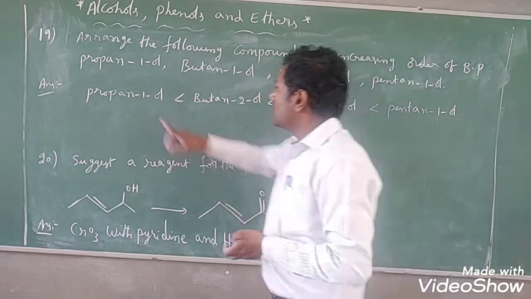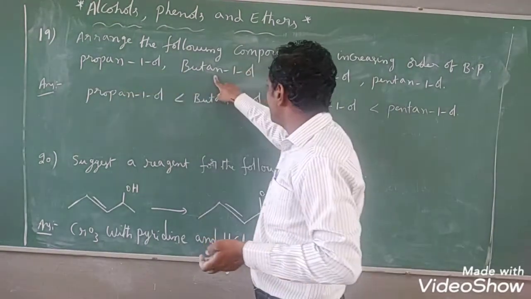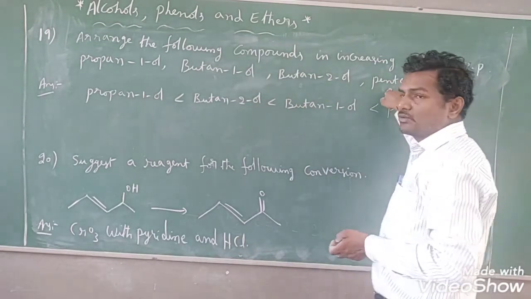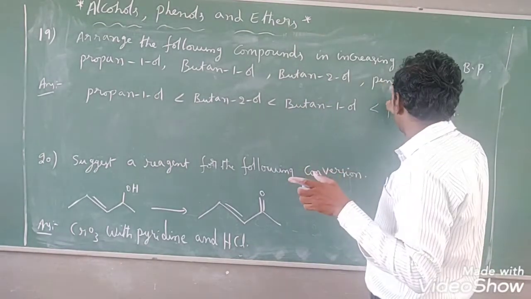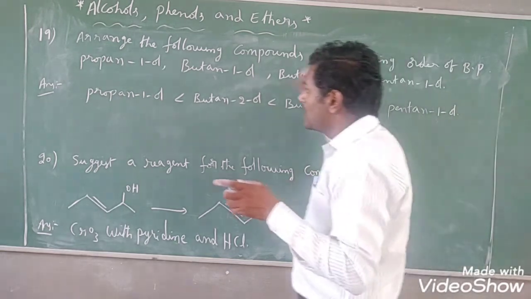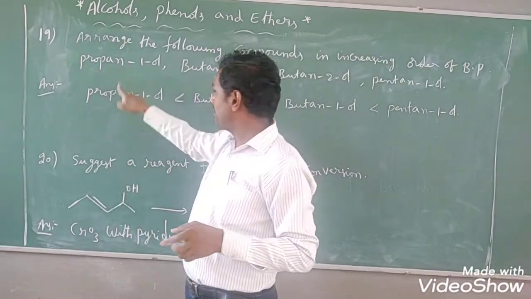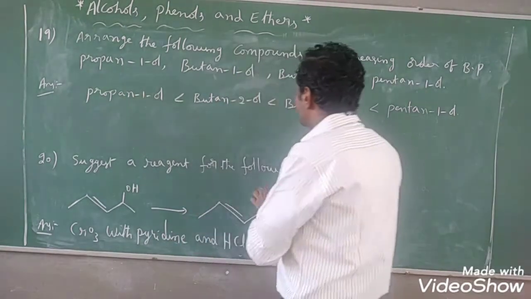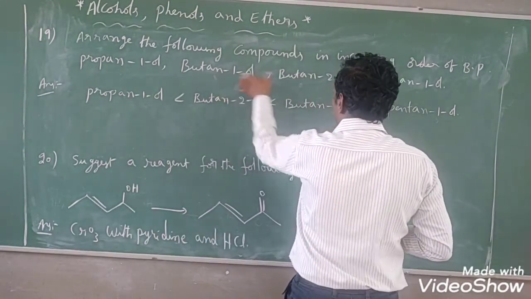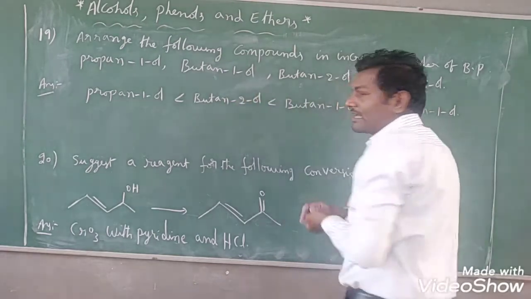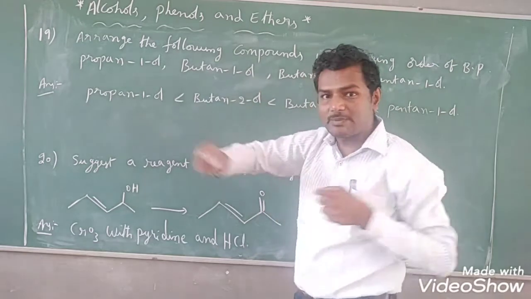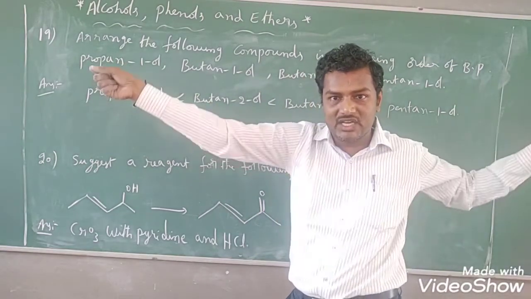Now you observe, prop means root word 3, but means root word 4, but means again root word 4, pent means root word 5. So the highest boiling point is pentan-1-ol, and the least boiling point is propan-1-ol. So I have written propan-1-ol as the least boiling point. Next least is from butan-1-ol and butan-2-ol. Which one will come first? You observe here, butan-1-ol means the OH group is present on the first carbon, straight chain, right?